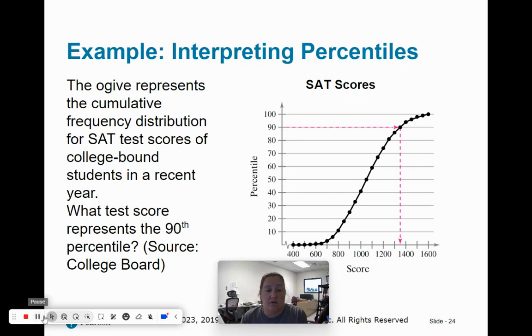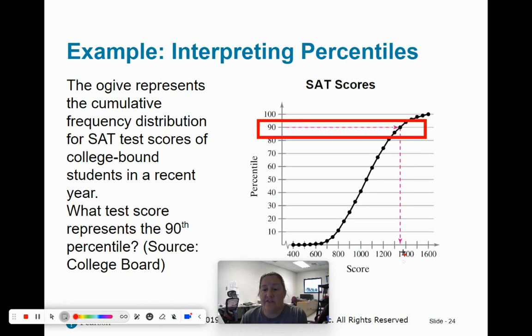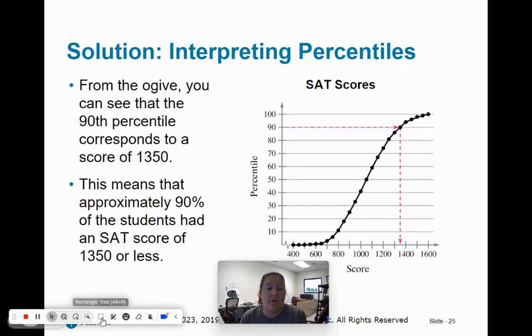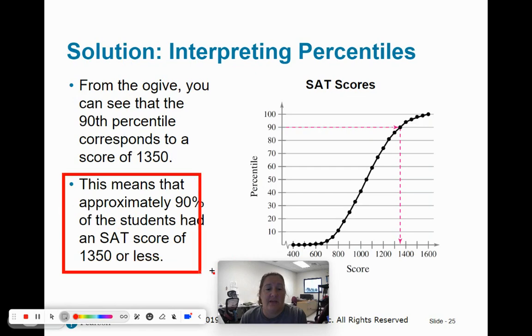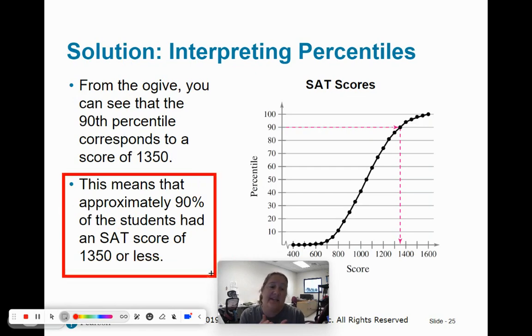As we look at the 90th percentile, we see that the score that represents it is about 1350. What's important is, what does this mean? It means that 90% of the students had an SAT score of 1350 or less. It's that "or less" piece we've got to include in our explanations.